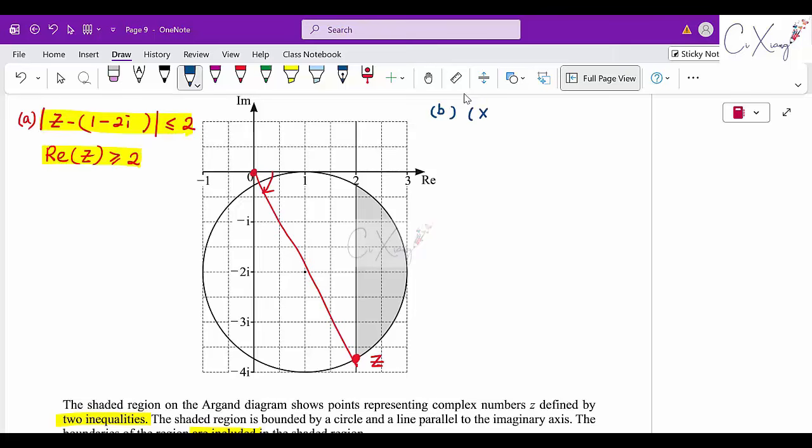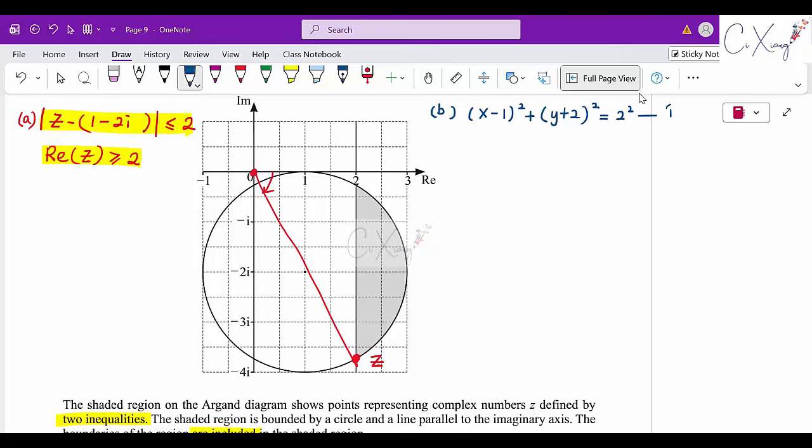Oh, sorry, my x coordinate for the center is 1, so I'm having (x minus 1) squared, plus, my y coordinate for the center is negative 2, therefore (y plus 2) squared equals to, what is the radius here? The radius here is 2, so it will be 2 squared.